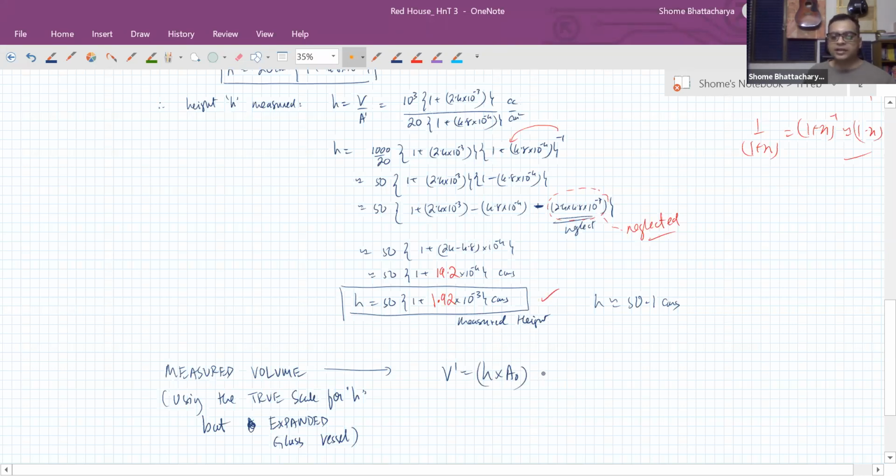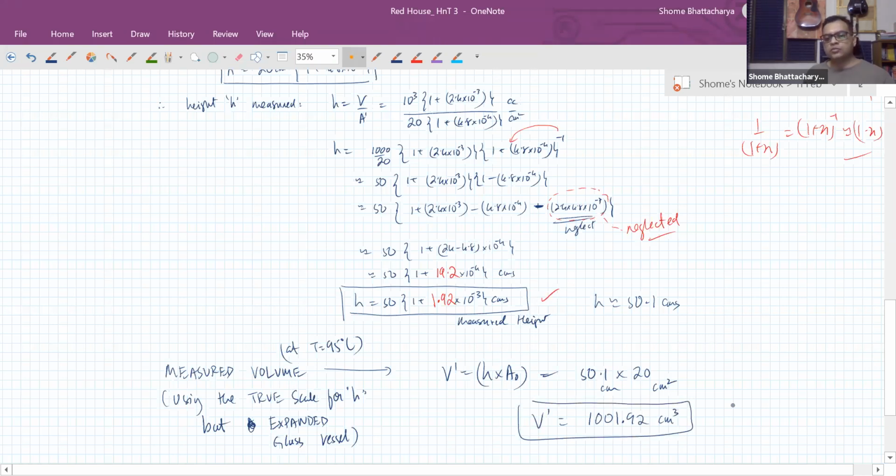So I will just assume that it's correctly calibrated. So I will measure the volume of liquid at this temperature of 95 degrees C or whatever. I'll measure it to be the height that I measured into what I thought is the correct area. Okay. So I will measure it to be this much.